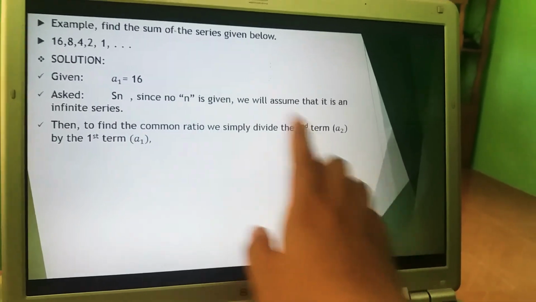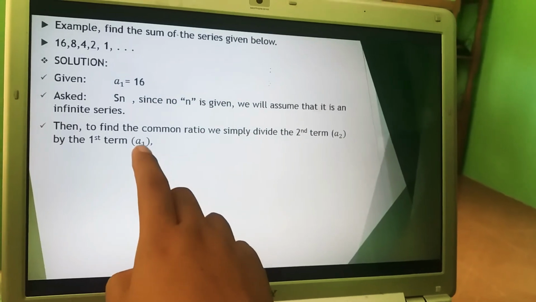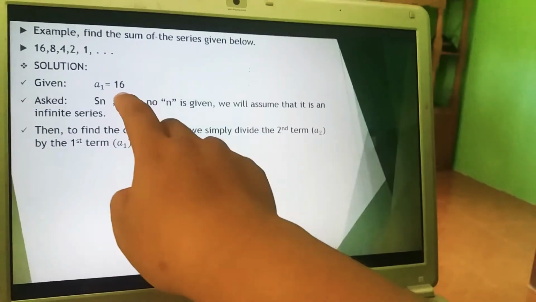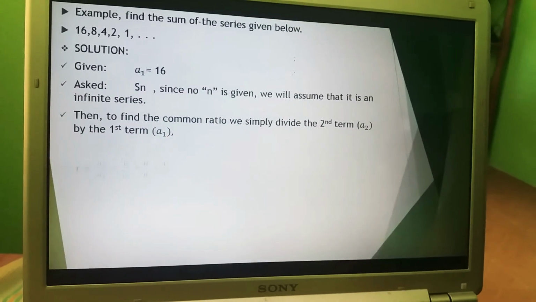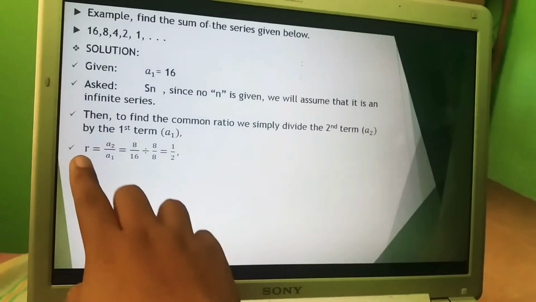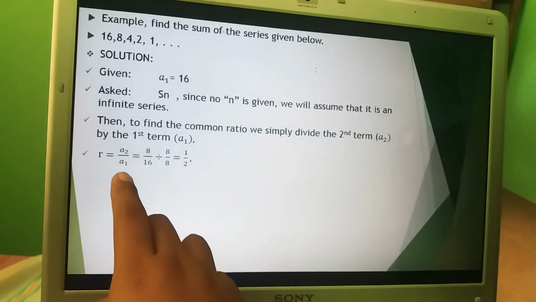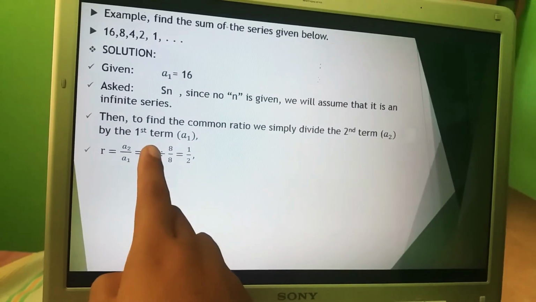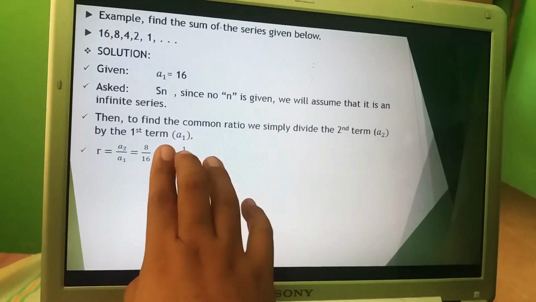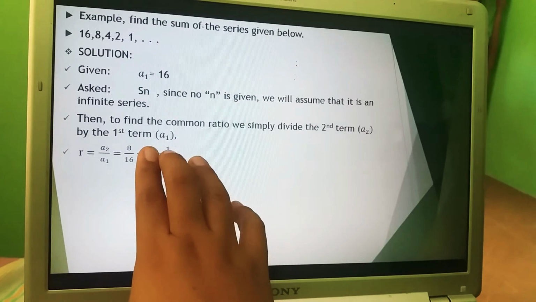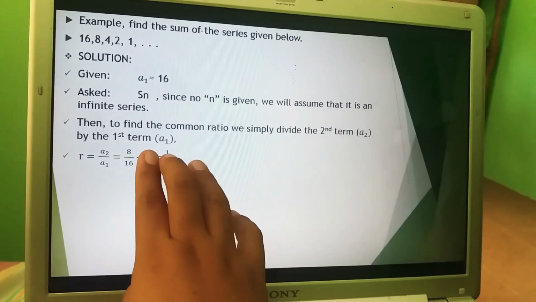So, then, to find the common ratio, we simply divide the second term. What is your second term? We have 8 by the first term, a sub 1, which is 16. Okay. So, ayan. To find r, we have a sub 2 divided by a sub 1 equals 8 over 16. So having this fraction, 8 over 16, how are we going to find the common ratio?